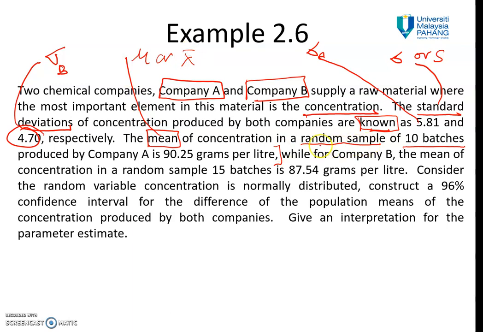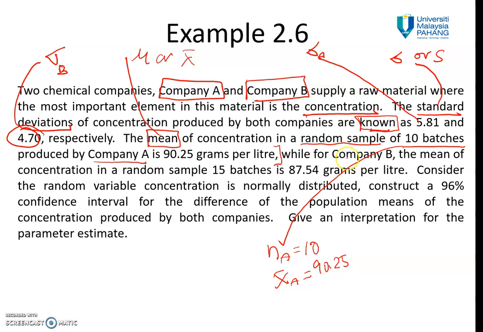You have a random sample of 10 batches, so this shows you nA equal to 10. The sample size for company A is 10 batches, and this value is a mean. So this mean comes from 10 samples. That's why you will get X bar A equal to 90.25. So that's how you extract the information.